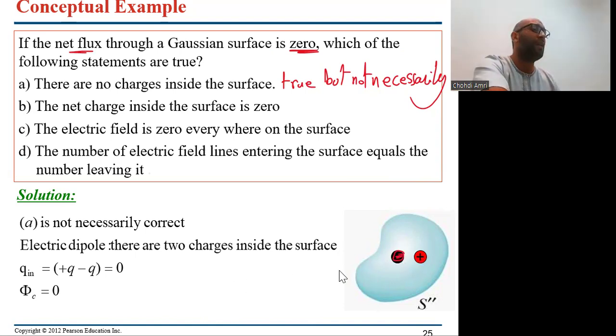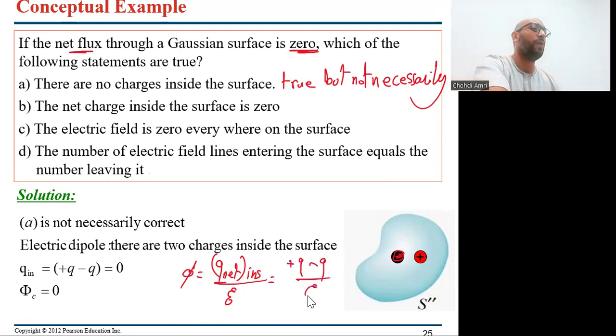The net flux, Phi, will be Q net inside the surface divided by epsilon naught. The net is plus Q minus Q divided by epsilon naught, so in this case we have zero. The electric flux is zero, but we have a charge inside this surface.